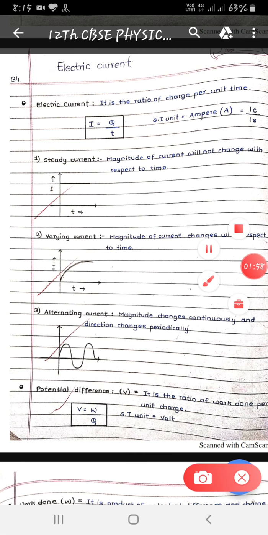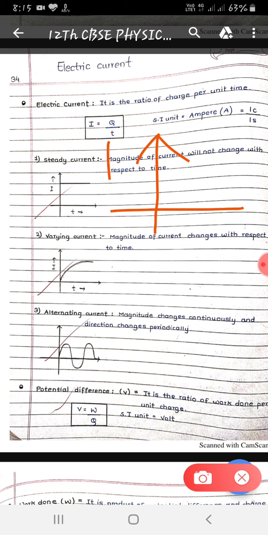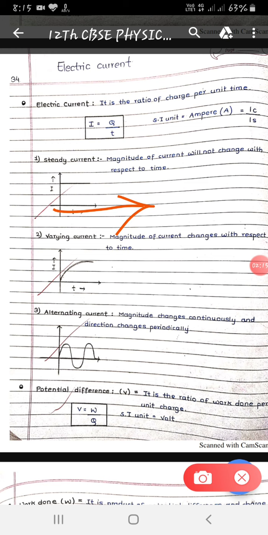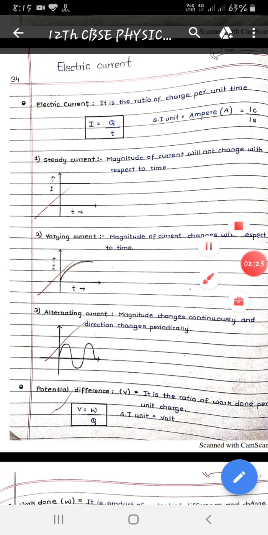If you see the steady current, if you draw the graph, it is the graph between current and time t. Time increases along the x-axis and current along the y-axis. In this graph, as we increase the time, the magnitude of the current remains constant.